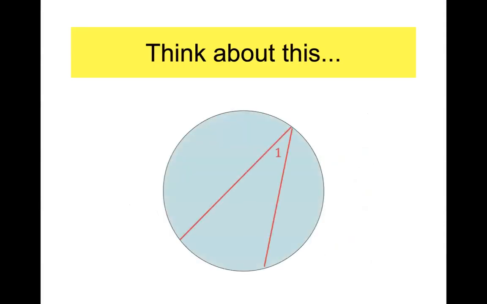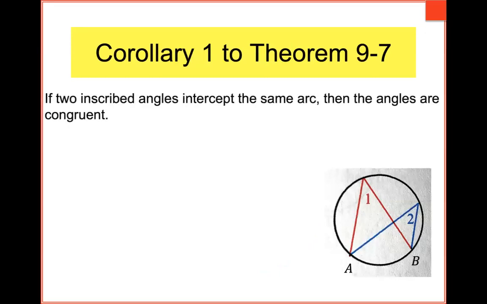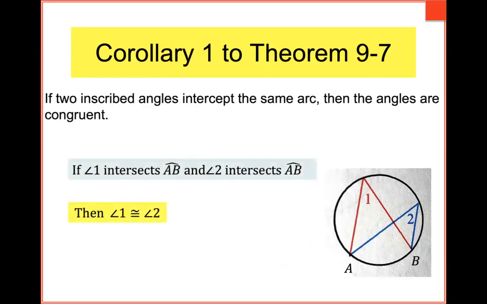All right, next idea. Number 2, circle, inscribed angle, and whoa, we got a second angle, but what do you notice about it? Well, what I notice about it is that both angles are making exactly the same arc. It's not labeled there, but look, both angles make exactly the same arc. Well, if they make the same arc, then both angles have to be congruent. This is corollary 1 to 9.7. And it basically states the following.